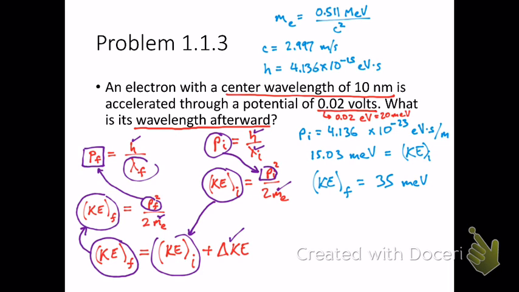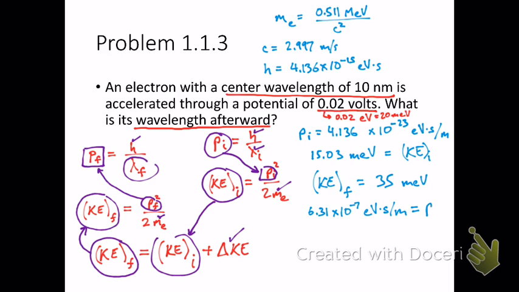And then we use that to get the final momentum. When you do the math and track the units, you get that the final momentum is 6.31 times 10 to the minus 7 electron-volt seconds per meter.